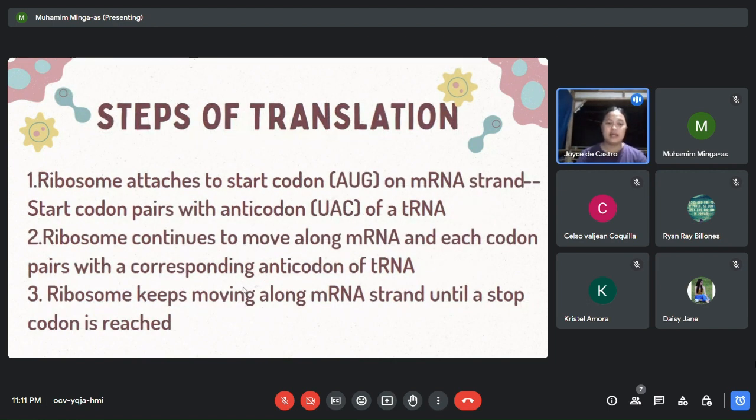So, the steps of translation. Translation, the second stage of protein synthesis, unfolds in a sequence of essential steps. First, the mRNA, ribosomal subunit and initiator tRNA assemble on the ribosome. Then the amino acids are added one by one to the growing polypeptide chain, guided by mRNA codons and complementary tRNA anticodons.